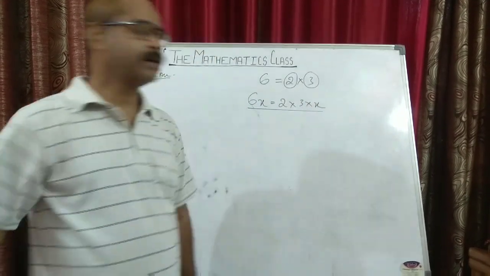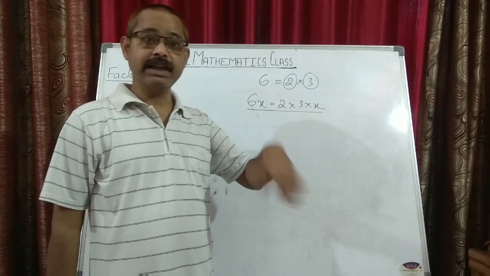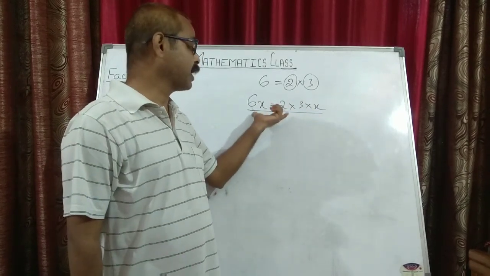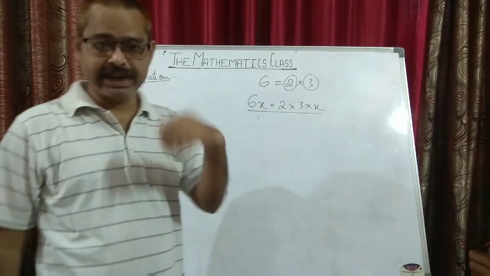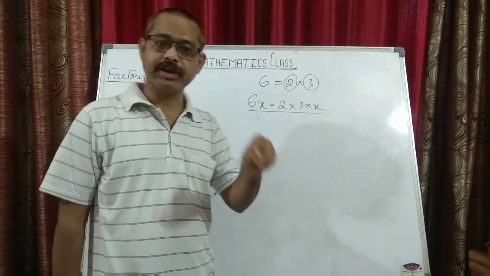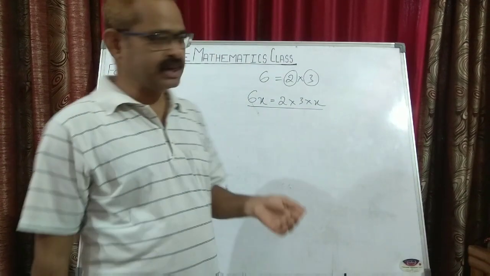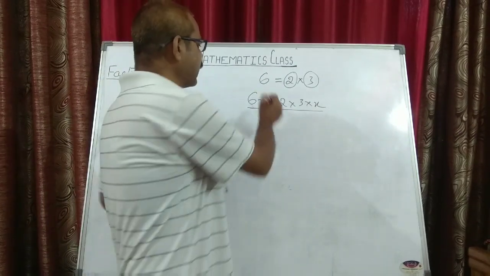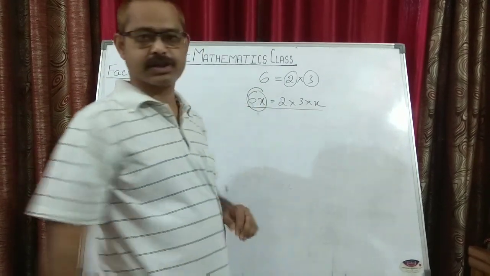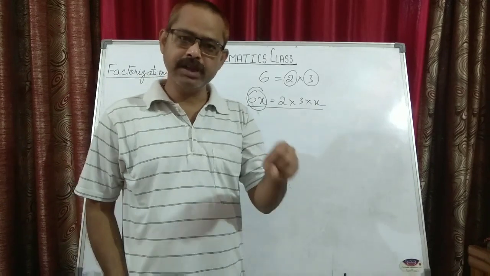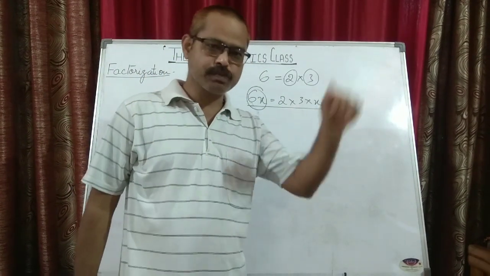This is factorization of an algebraical number, or any number which is written in algebraical form also. Now basically these are known as polynomials. Breaking the polynomials into smallest parts.